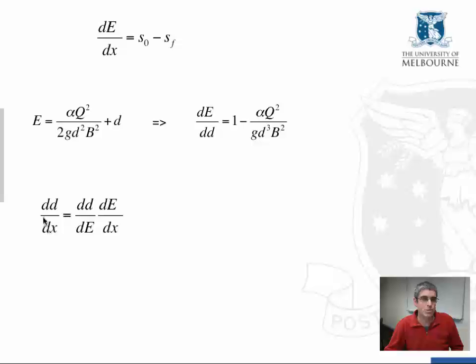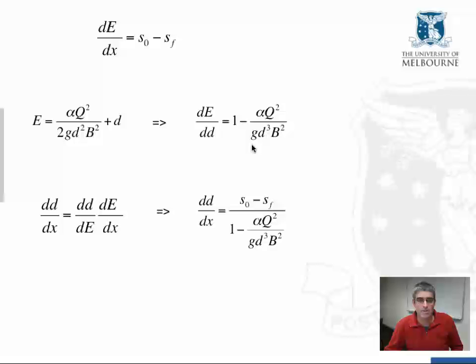Using the chain rule, dd/dx, the depth differentiated by the distance along the channel, equals the depth differentiated by the specific energy, dd/dE, times the specific energy differentiated by the distance along the channel, dE/dx. So dd/dx equals dd/dE, which is the inverse of the expression up here, times dE/dx, which we know from up here is S0 minus SF.